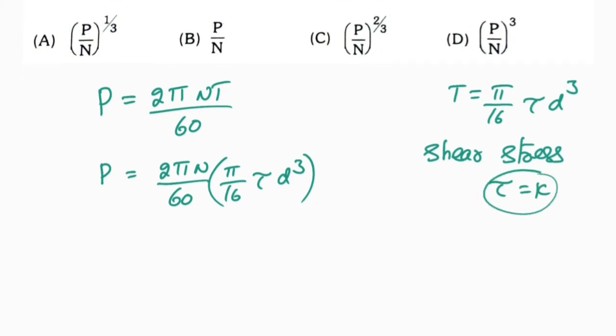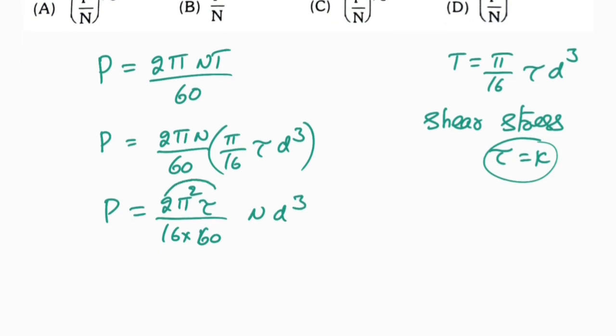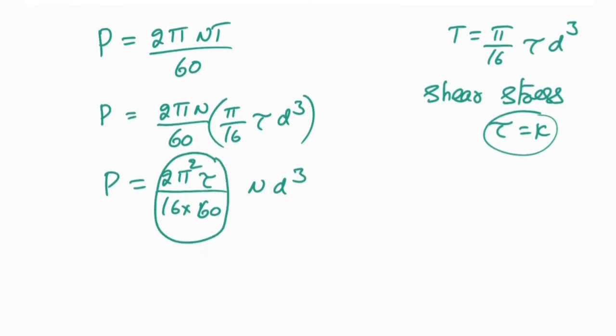Then I can say that power P equal to 2 constant, pi constant, tau constant, 16 into 60 constant, and other pi into pi square constant into n d cube. Let this whole term be treated as constant. So power P equal to some constant k into n d cube.